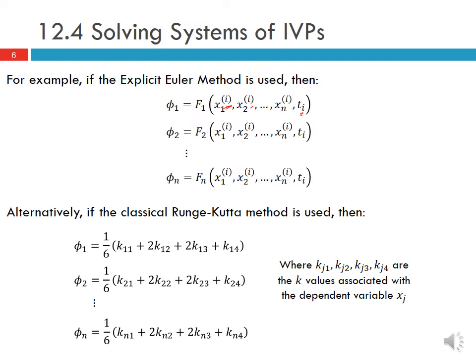For the classical Runge-Kutta method, the phi's take the form shown here, where they are functions of these k's: 1/6 times k11 plus 2 k12 plus 2 k13 plus k14, for example, down to 1/6 times kn1 plus 2 kn2 plus 2 kn3 plus kn4, where these k's are the k values associated with the dependent variable xj. And they're given in the classical Runge-Kutta formulation.